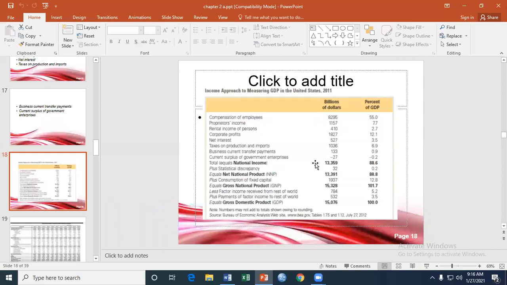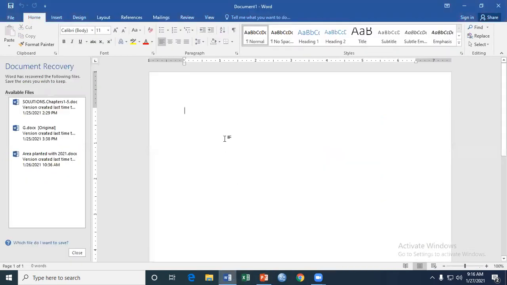Now we will discuss private sector and government sector income, right? For this, you have to write the expression for private disposable income. Let me write it over here.